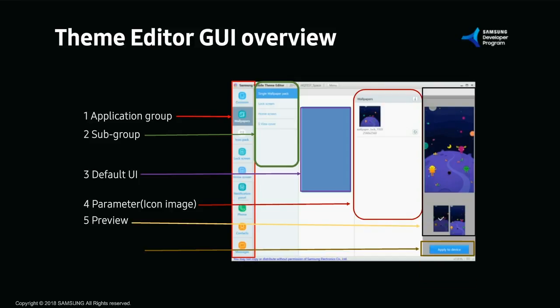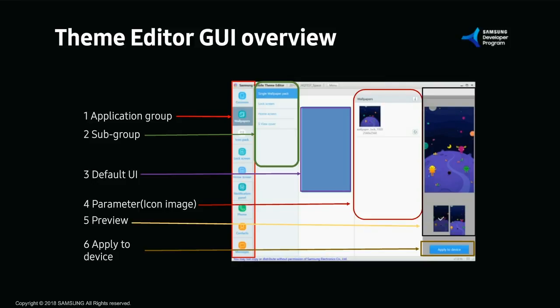And finally, once you're ready to deploy and test your theme design onto a device, the theme editor comes with a really cool feature where you can directly install your theme design onto a device. Also, I had mentioned before that as a designer or developer, you have access to the remote testing lab or the cloud device farm.